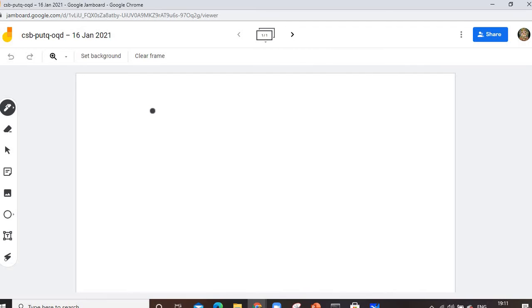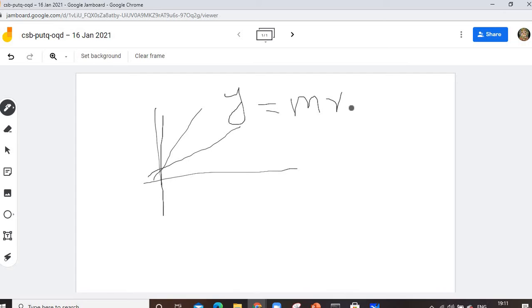Last time we have discussed linear regression. What does regression do? It tries to get the best fit line out of the different possibilities of different lines. The equation we have learned is y = mx + c, right?